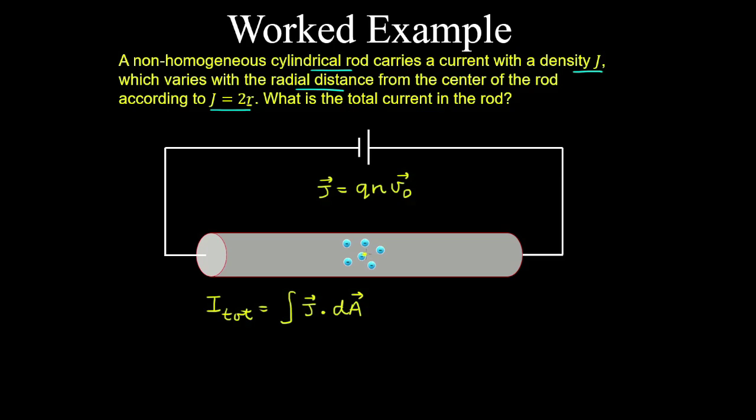So at the middle of the rod, the velocity is going to be 0, but as we move away from the center up to the radius of the rod, the drift velocity is going to be higher.